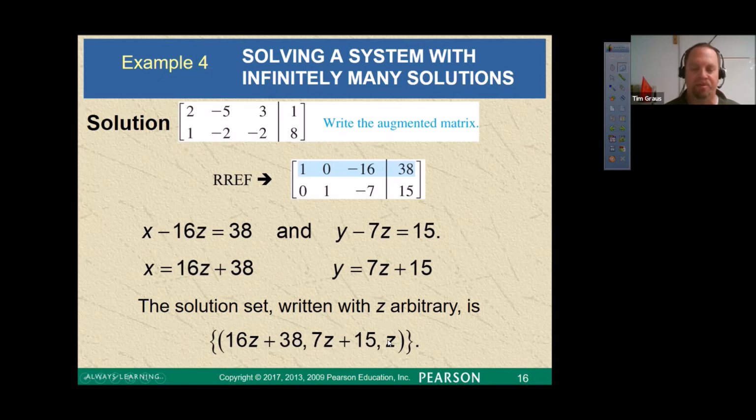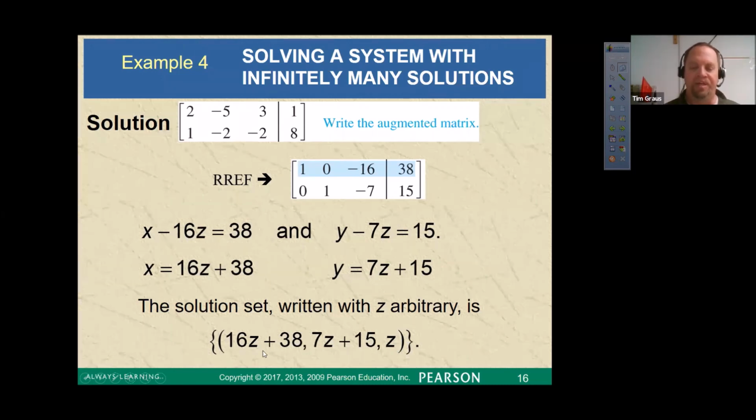I could let z equal 2. I'd get 32 plus 38 for x, 14 plus 15 for y, and 2 for z. And I could do this with as many z values as I want. So there are infinitely many solutions, all having this relationship. If I start with any z value, I can come up with a triple of numbers.